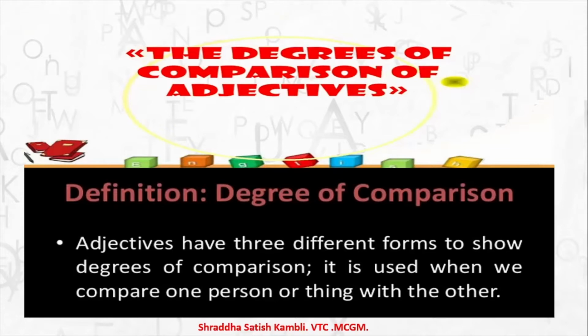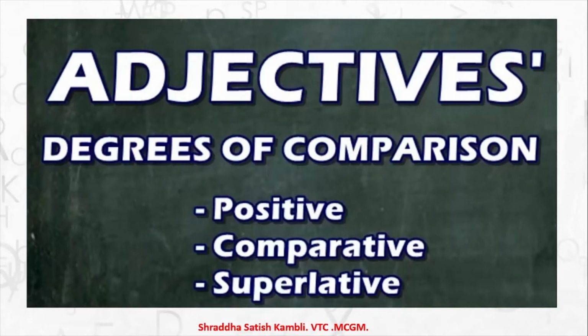Alright, you try to pick up tomatoes which are better in shape, in size, etc. So when you want to compare two or more things, then we make use of degrees of comparison. Okay. Now that we know what the meaning of adjective is and what the definition of degree of comparison is, let us move on and learn more about degrees of comparison.